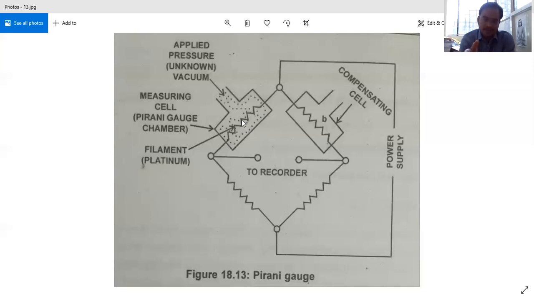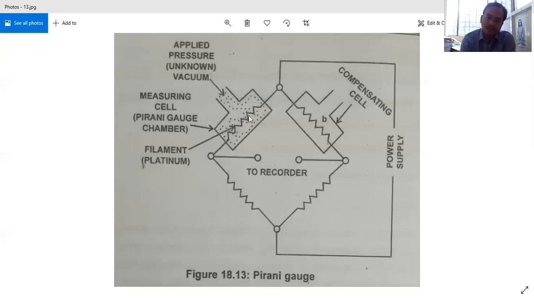And vice versa. It means if the density is more, the rate of dissipation is more, the rate of cooling is more, and the resistance change is less. If the density is less, the rate of dissipation is less, the heat dissipation from the conductor into the gas is less. So the rate of cooling is less.